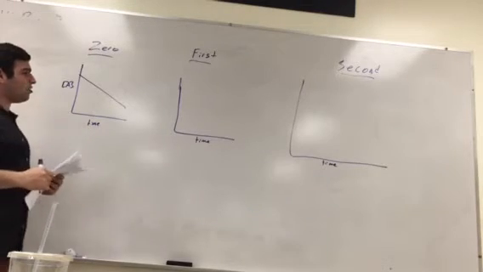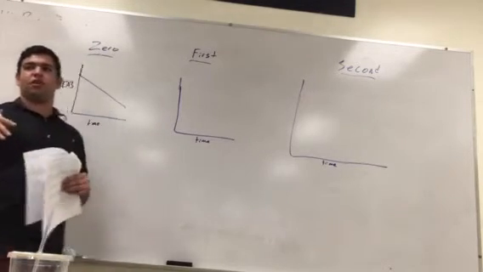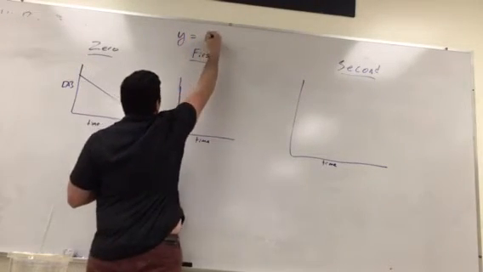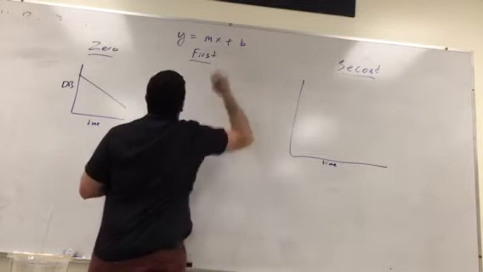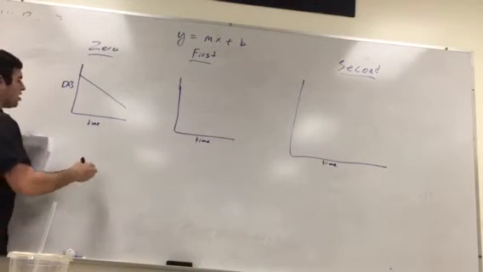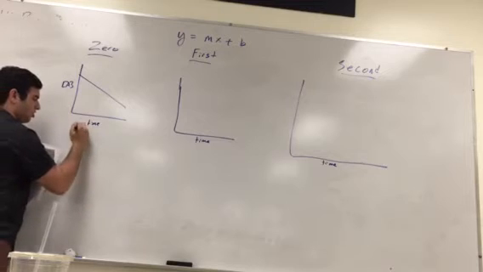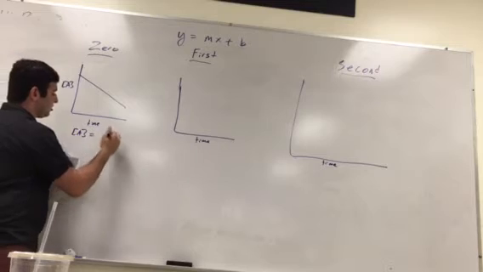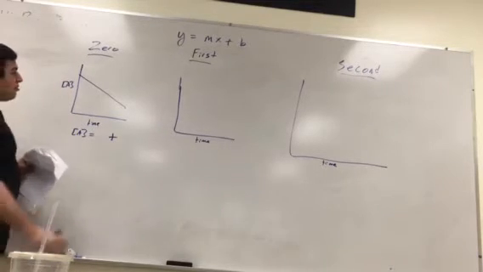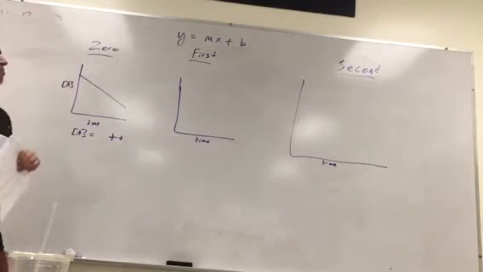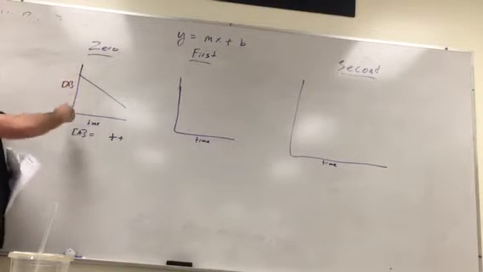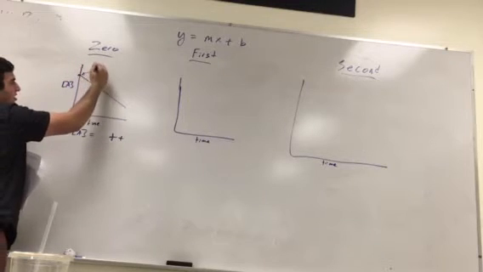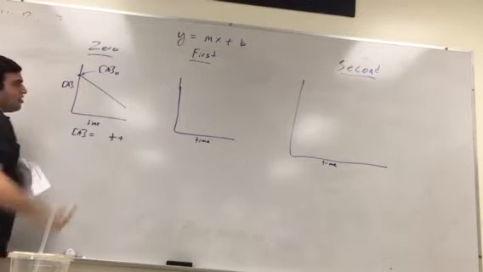Okay, now the reason why we like lines is because we all know the equation of the line, right? The equation of a line is always y equals mx plus b, right? So y is your concentration of A, x is time, t, and b is the y-intercept, which is some initial concentration of A on the y-axis, so let's just call it A naught.